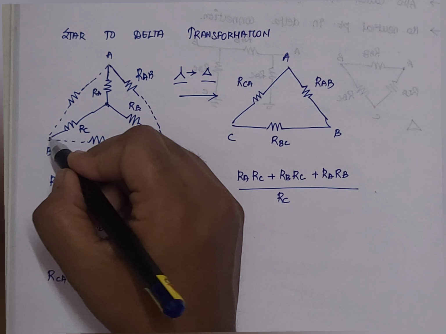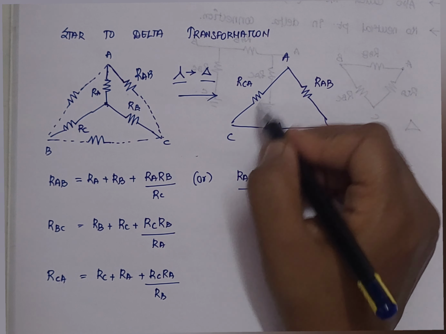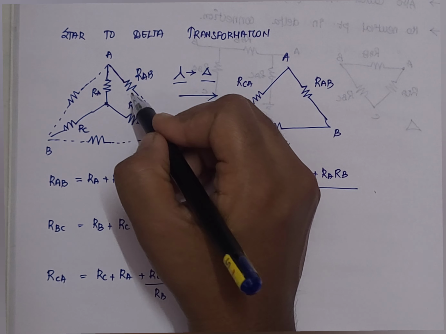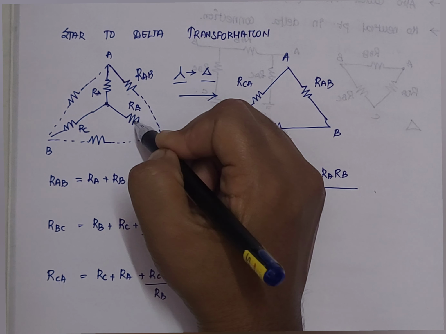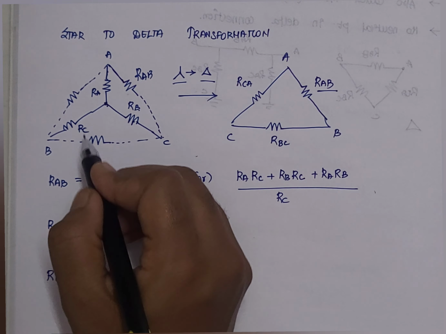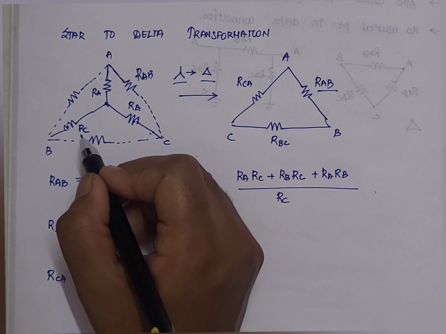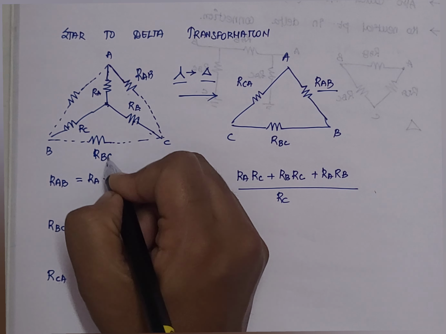The dotted line represents the delta network, which I have drawn over here again. RA and RB will be combined as a single resistor, so we will get RAB. Similarly, RB and RC will be combined together, forming a resistor with a value of RBC.